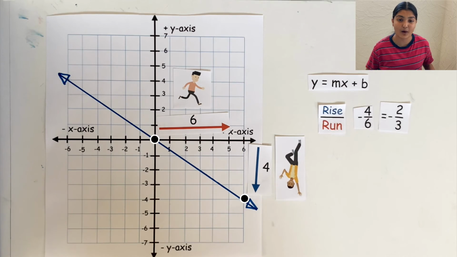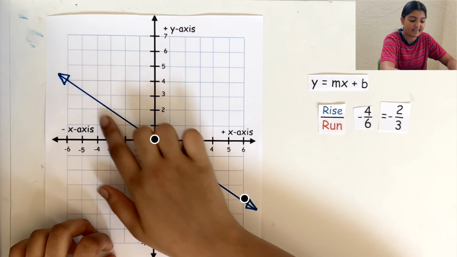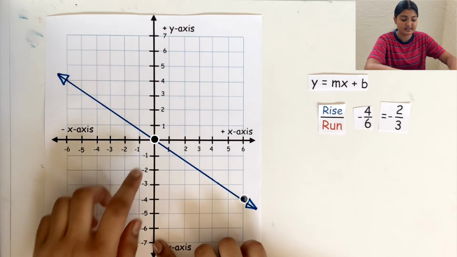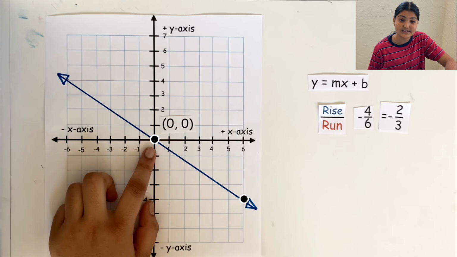But what about the y-intercept? As you can see, this line meets the y-axis at the origin. So the y-intercept of this line is 0.